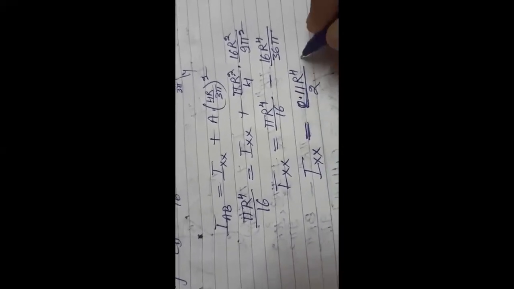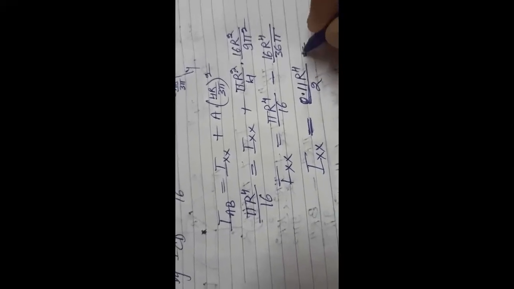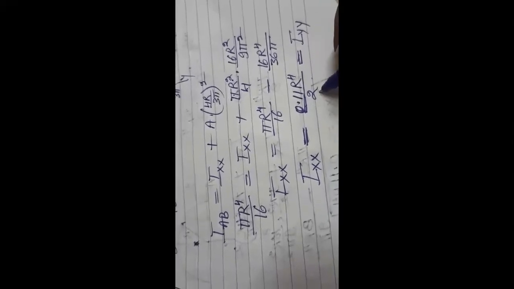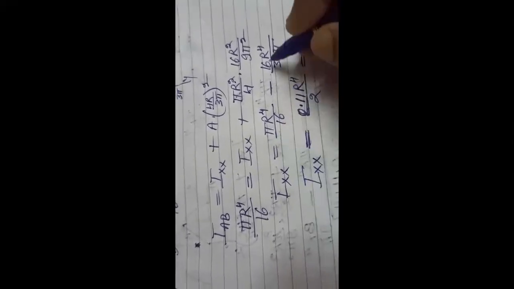So Ixx will be 0.11 r to the power 4 divided by 2, and it is also equal to Iyy because the distance is similar. So this is 0.11 r to the power 4 by 2 on solving this.